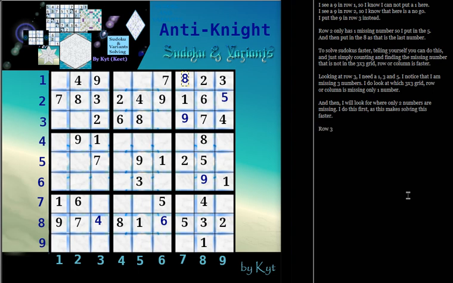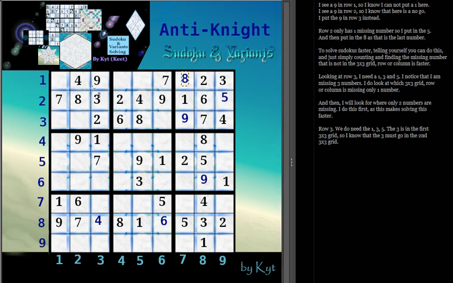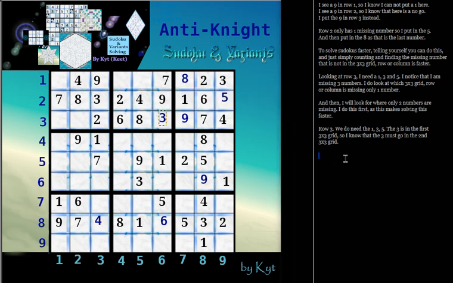Okay, row 3. We do need the 1, 3, and 5. The 3 is in the first 3x3 grid, so I know that the 3 must go in the second 3x3 grid. One and 5 is next, but I see a 1 in column 1.